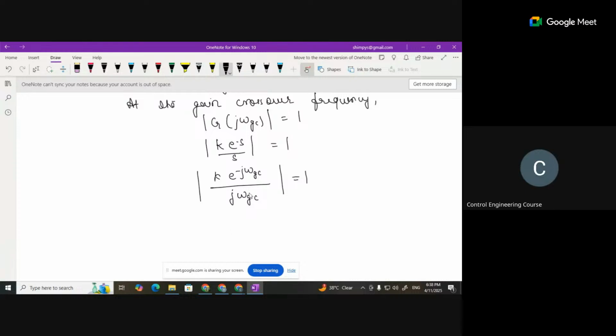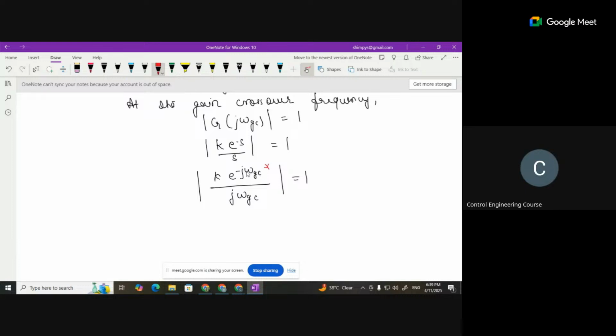K by ωgc equals 1, right? This e to the power minus jωgc, the magnitude of this is going to be 1 because this is a rotation on a unit circle in the complex plane, right?